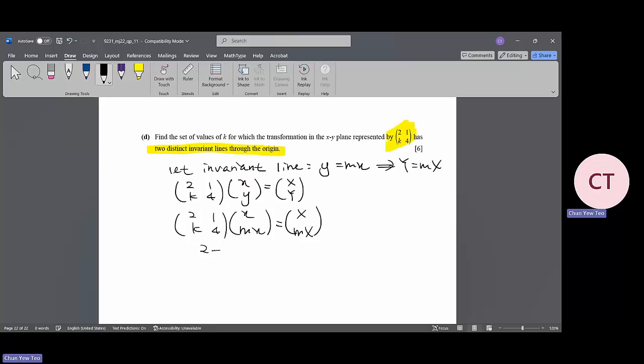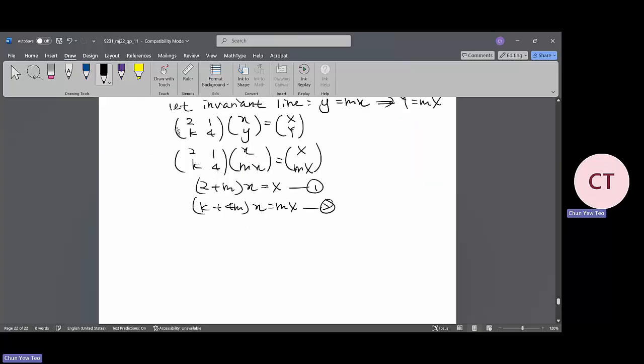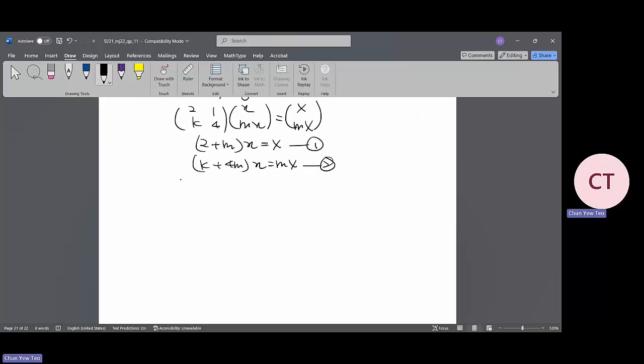So if you expand, you will get 2 plus mx equal to x, that will be my first equation, and k plus 4mx is equal to the mx. That will be the second equation. So take the first equation divided by the second equation. We will not consider the case where the x equal to 0.